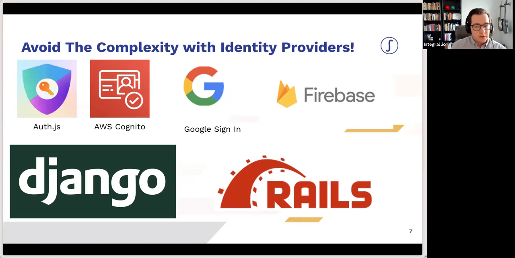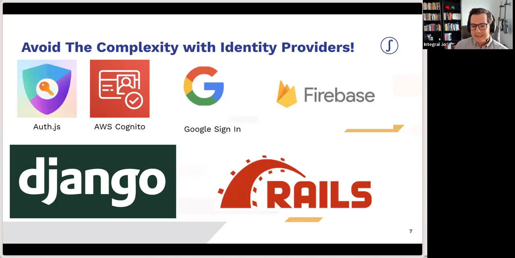For instance, you could use an identity provider like AWS Cognito, or you could use Google Sign-In. You could use Google Firebase in order to sign in users, or if you're using a web framework like Django or Rails, a lot of those come with pre-built authentication libraries that you just have to integrate your application with.